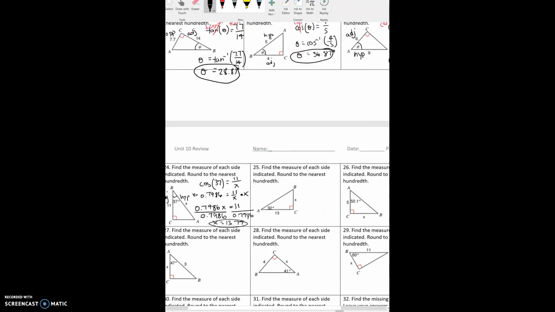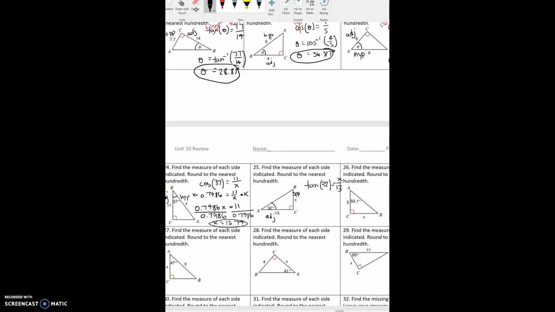Find the measure of each side indicated. This is our angle. We're given the opposite and adjacent, so we're going to use tangent of 32 is equal to the opposite divided by adjacent.